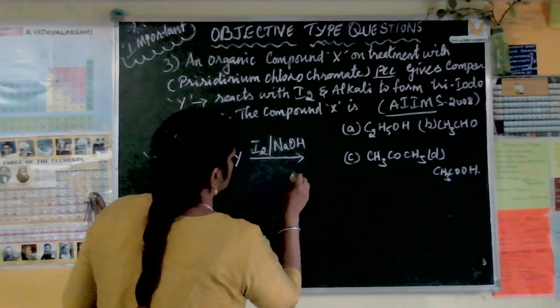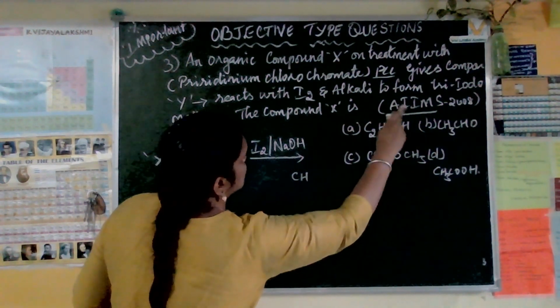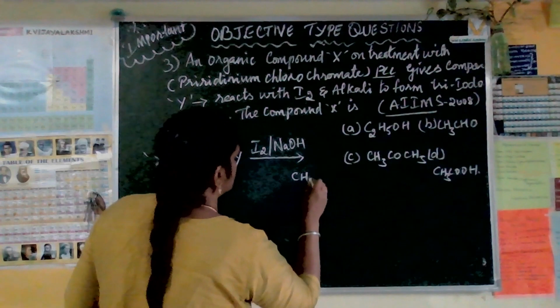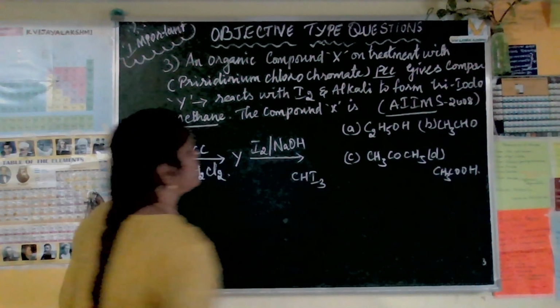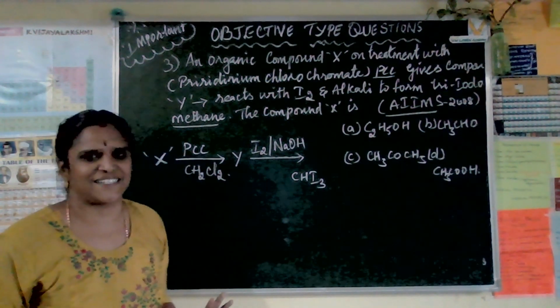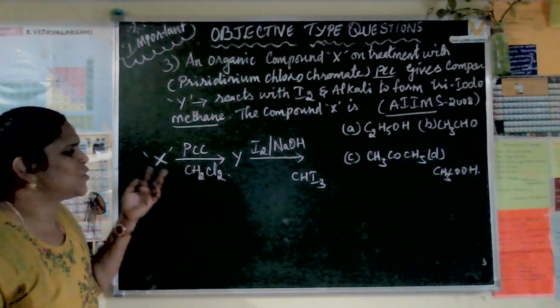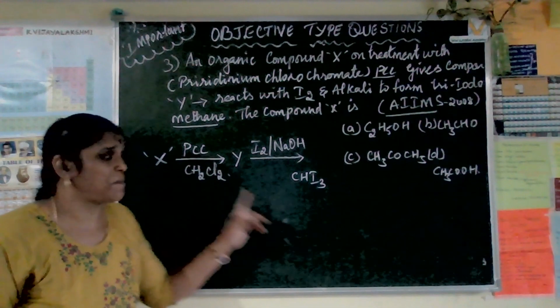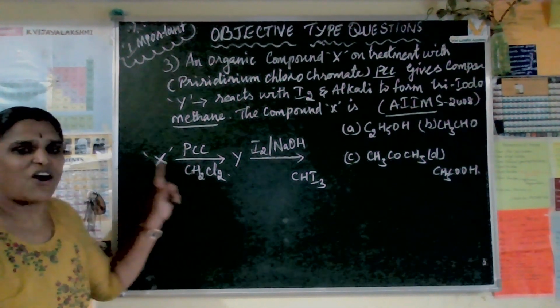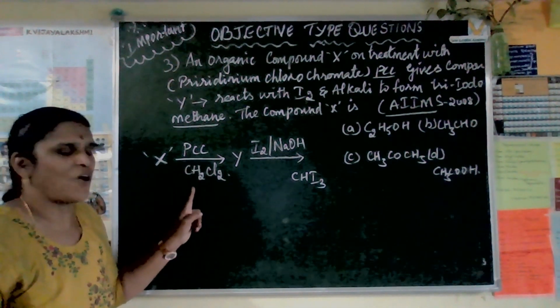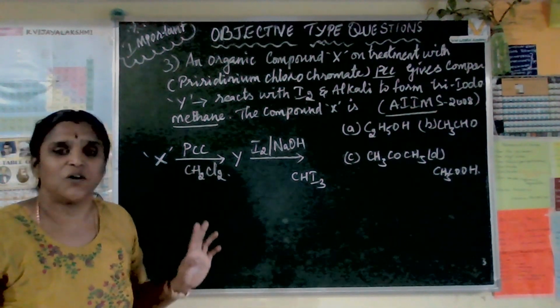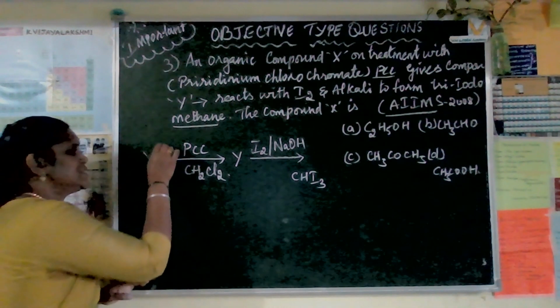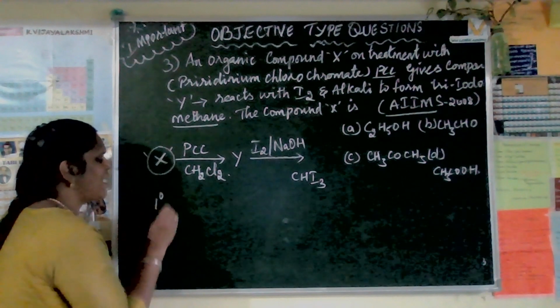It gives triiodomethane, CHI3. Yes, this is the iodoform test. So easily we can come to know X and Y. First and foremost, I would like to mention here, X is oxidized by PCC along with CH2Cl2. Definitely, this is a primary alcohol.